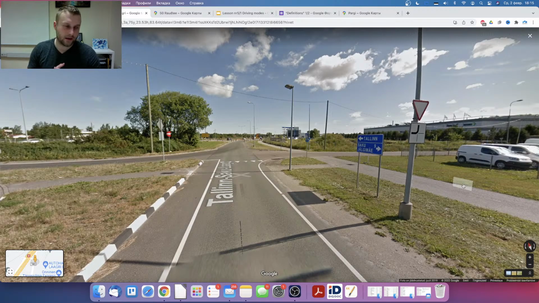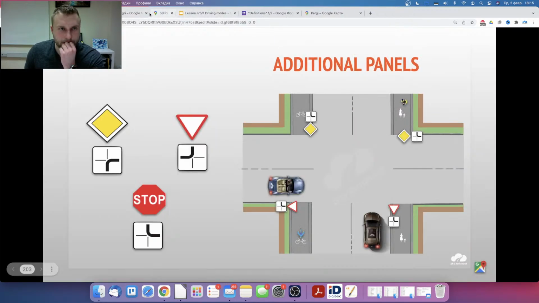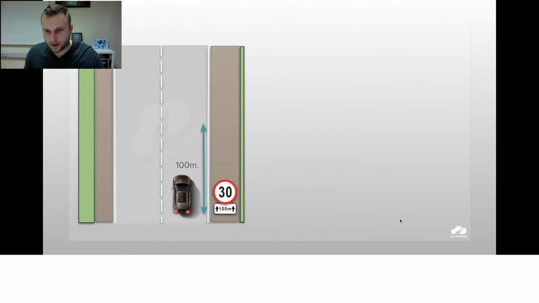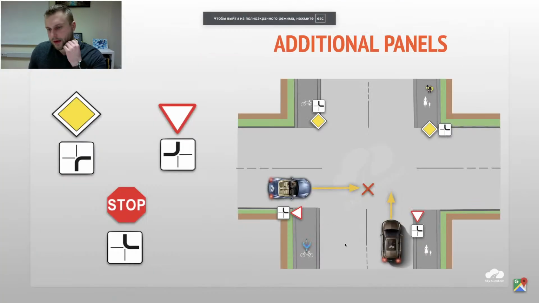This is the thing we observed on the first lesson, I guess. So right-hand rule applies always when you have the same priority with another road. And I give way to the right coming car. Is it clear? Yeah, that's good. And the same situation is described in this picture, basically.